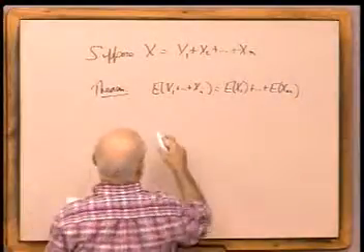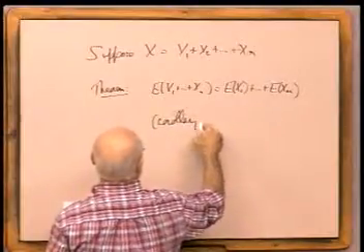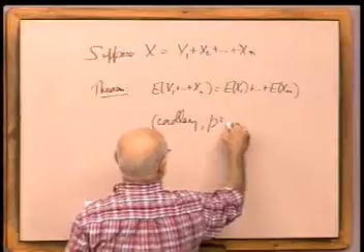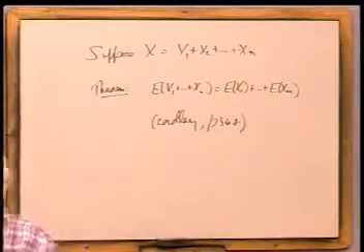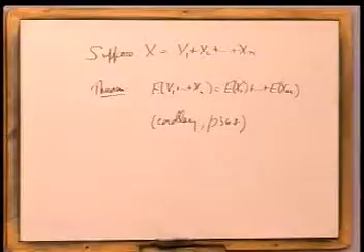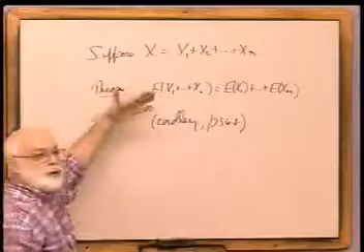Now this is a corollary to another theorem that's given on page 368. So the point that I'm making by saying this is, in one sense, this is intuitively obvious.